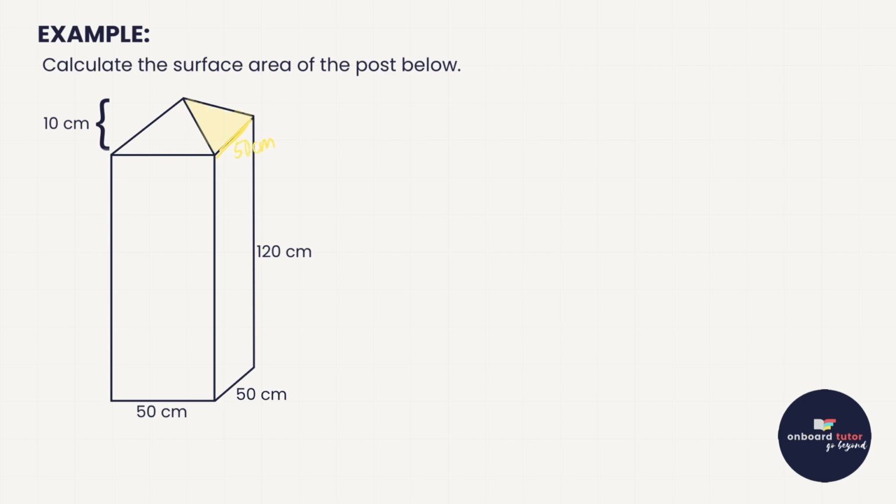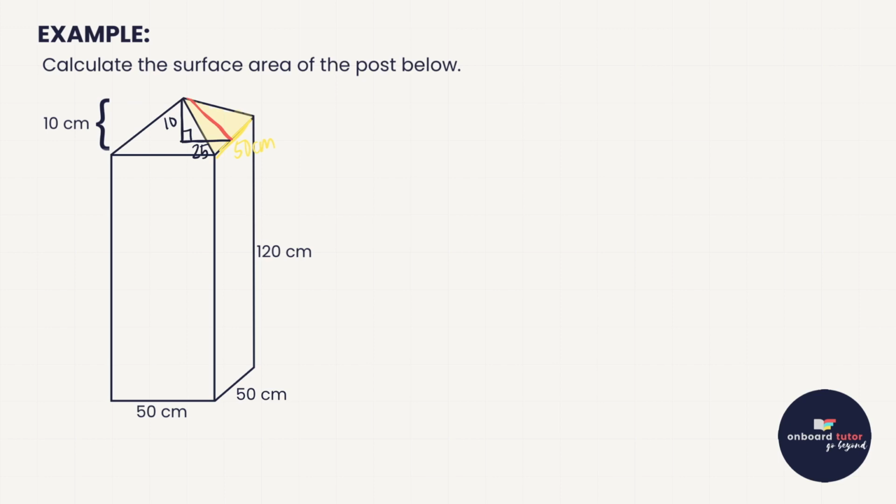But I actually need to be able to work out this slant height here. And so I'm going to have to think very carefully. I'm going to take the 10 centimeters that I was given there as a perpendicular height, and this part here, because it's a right prism, this base of the triangle will be 25. And so what I've done is I've formed a triangle that I can use to calculate Pythagoras.